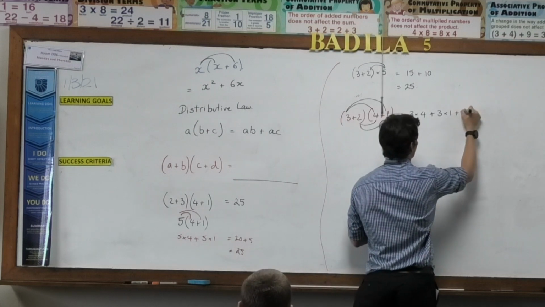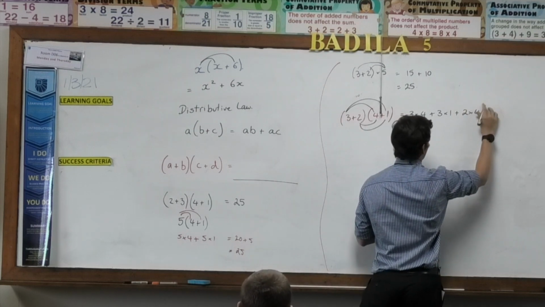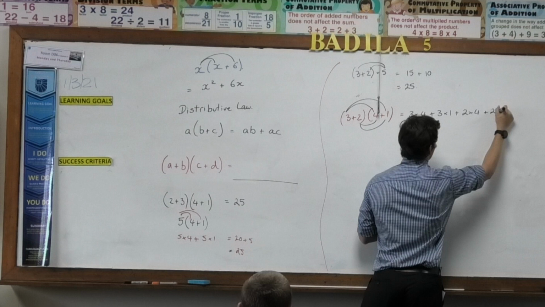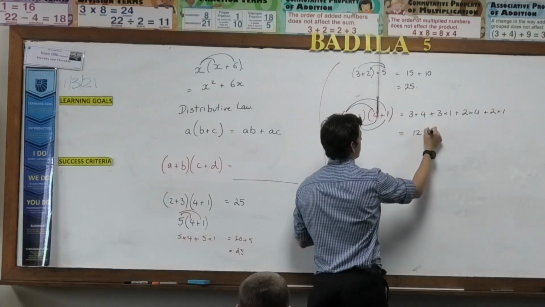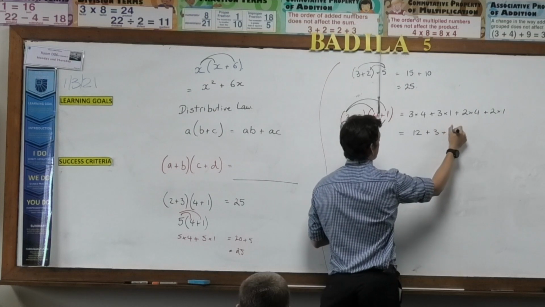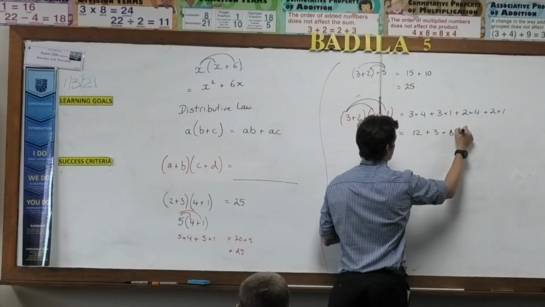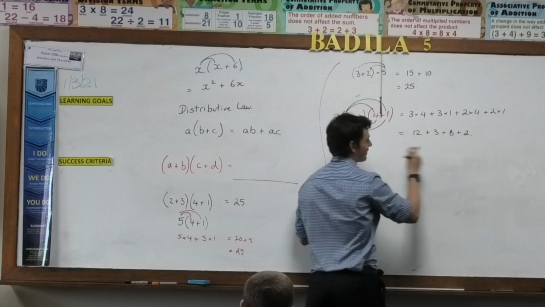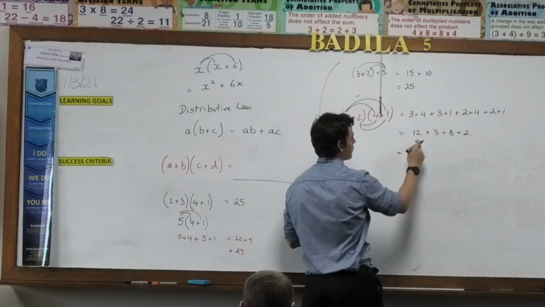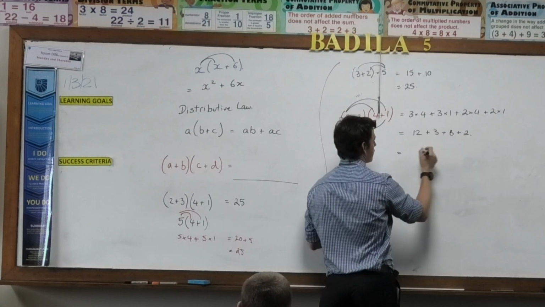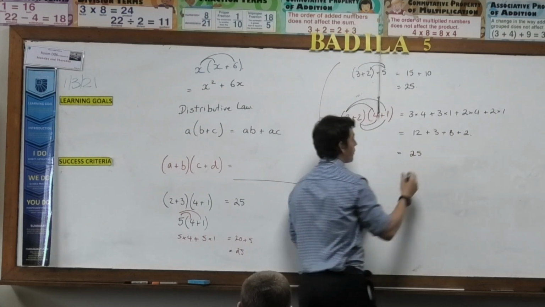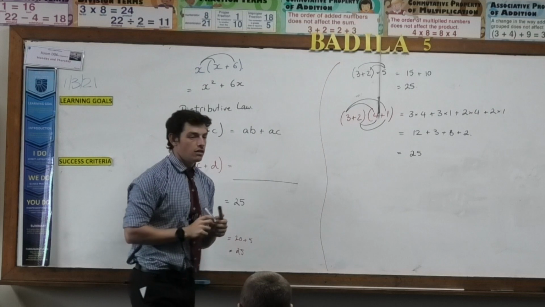Yes. Would that work? Well, let's have a look. So what's 3 times 4 equal? 12. What's 3 times 1? 3. What's 2 times 4? 8. And what is 2 times 1? 2. And that equals 12 plus 8 plus 3 plus 2. So did that work? Yeah.